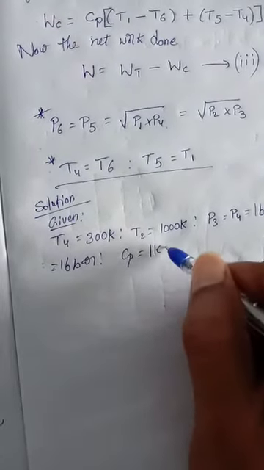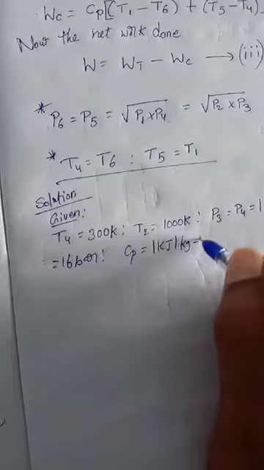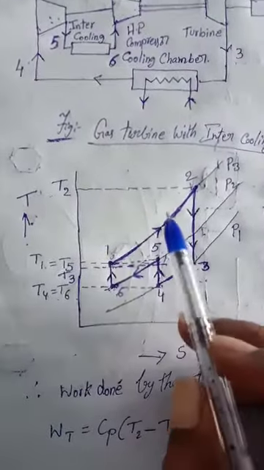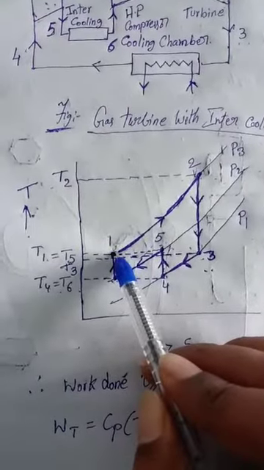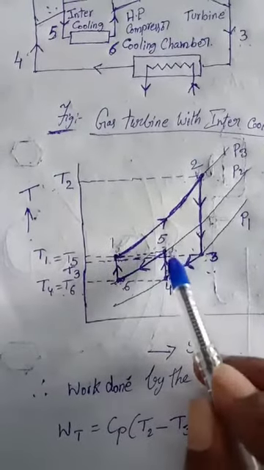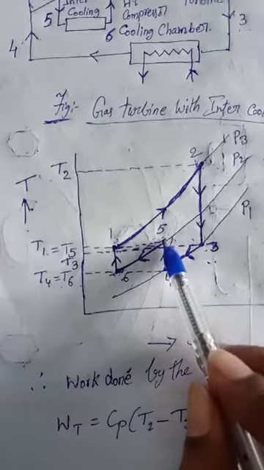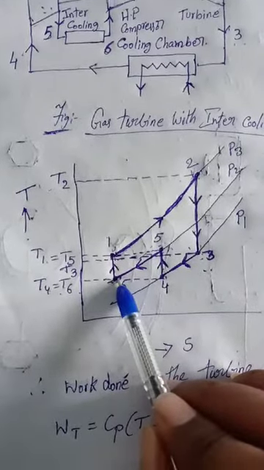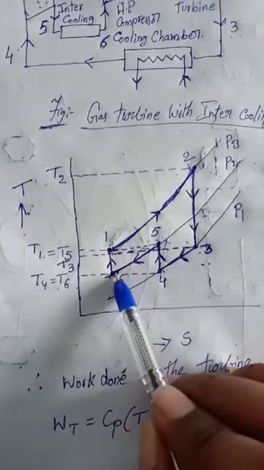Cp is equal to 1 kilojoule per kg Kelvin. Now the TS diagram. Let T1, T3, T5 and T6 be the temperatures of air at the corresponding points.